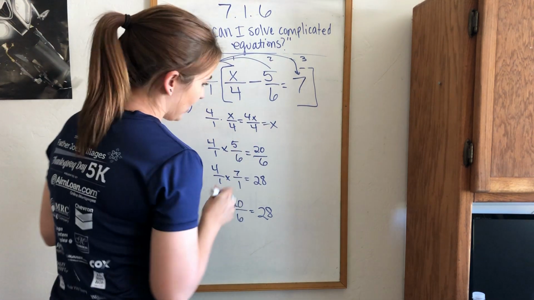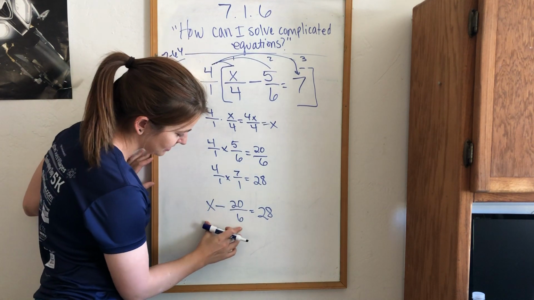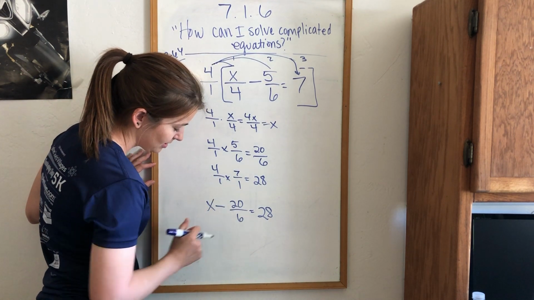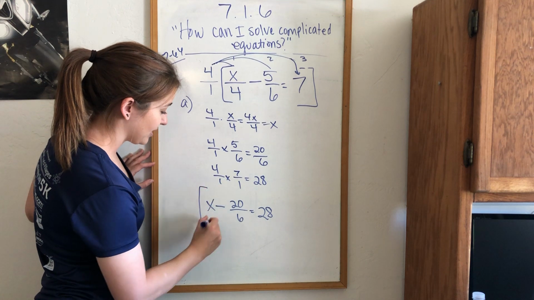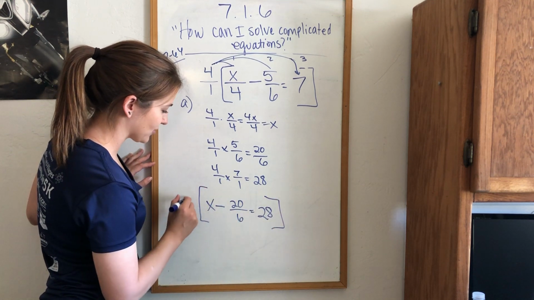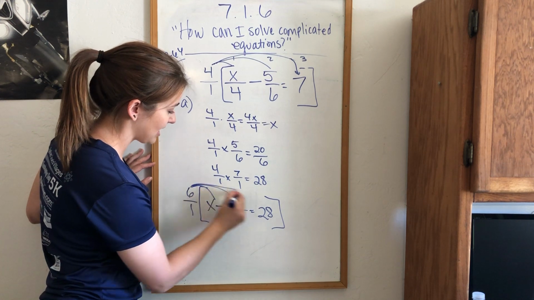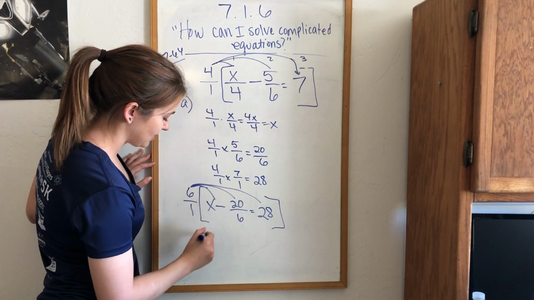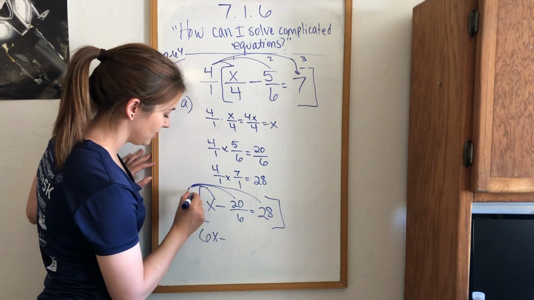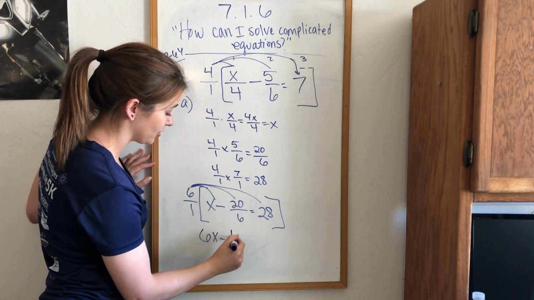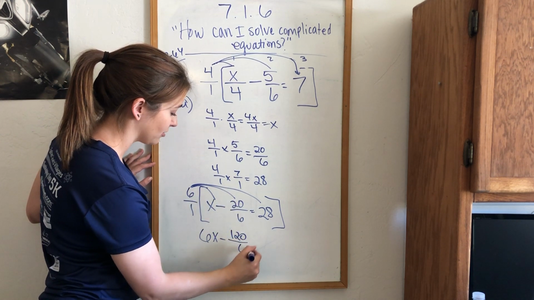So if I want to get rid of this 20 over 6, I'm going to multiply everything by 6 because that's going to eliminate the fraction. So if I do everything by 6, 6 times x, 6 times that, 6 times that, 6 times x becomes 6x. 6 times 20 is 120. Keep the 6 on the bottom.